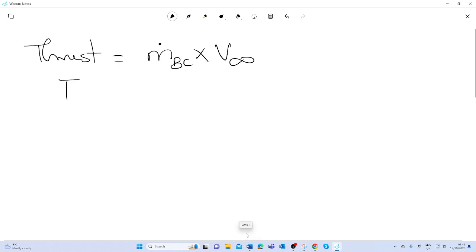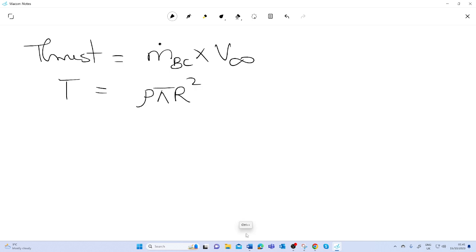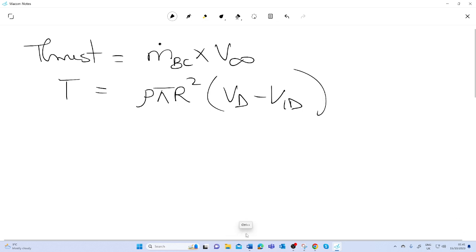So therefore T, which is the thrust, becomes rho pi r square (Vd minus Vid) multiplied by V infinity.